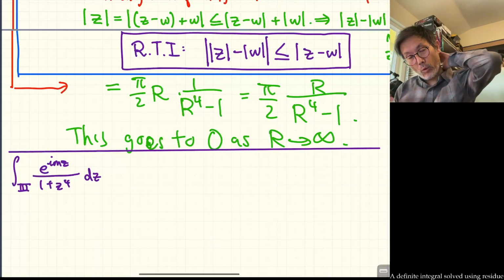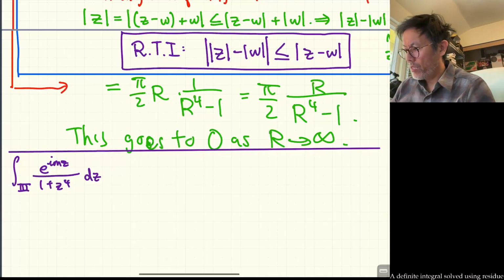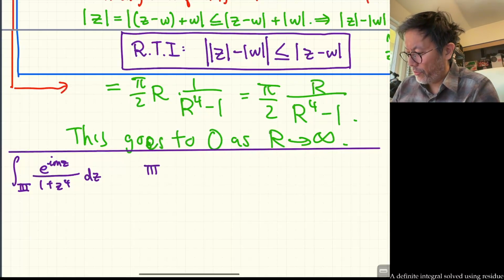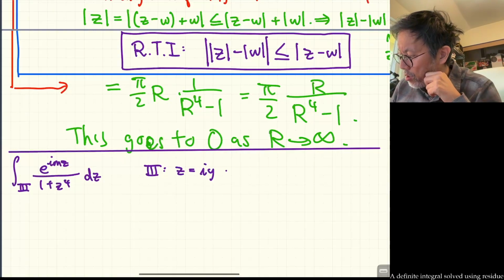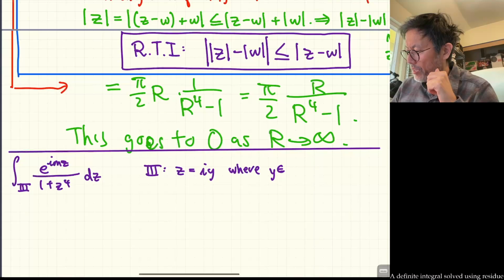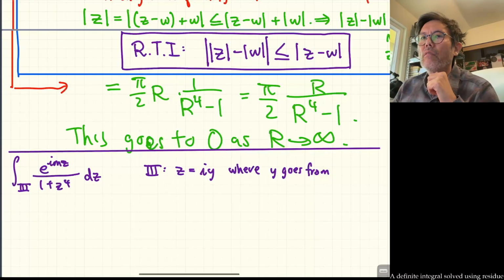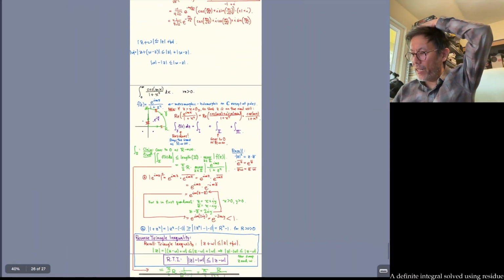Well, we should parameterize that curve. For this curve 3, we're going to think of z as being equal to i times y, where y goes from, so remember, we're starting way up high on the curve here.